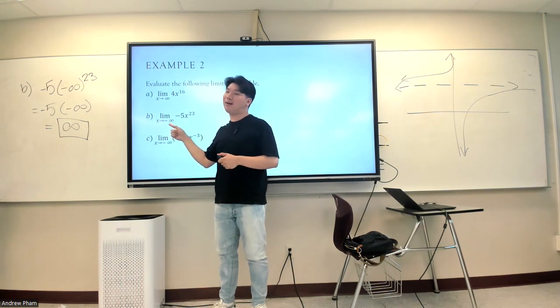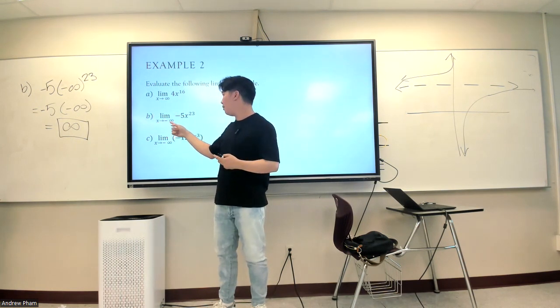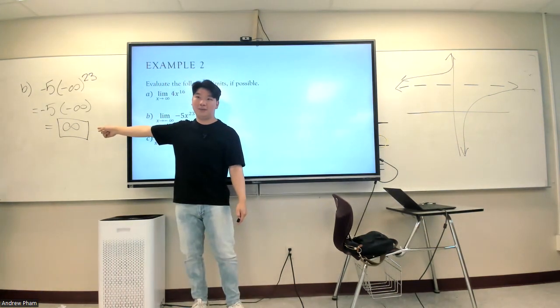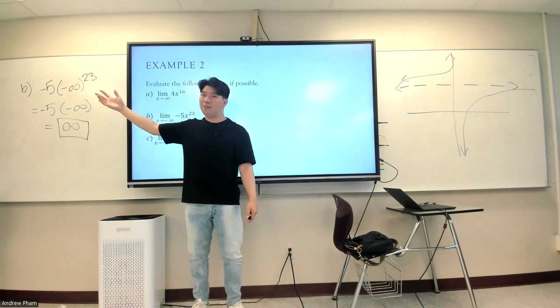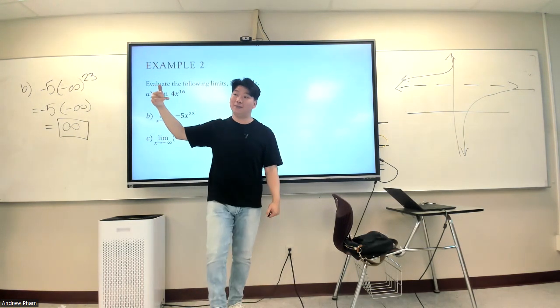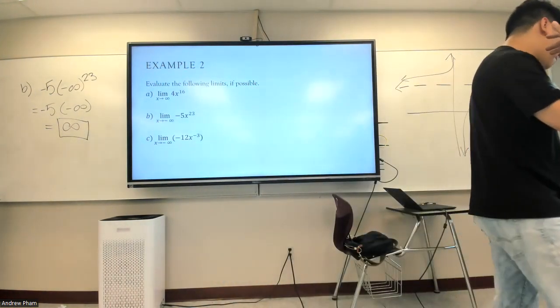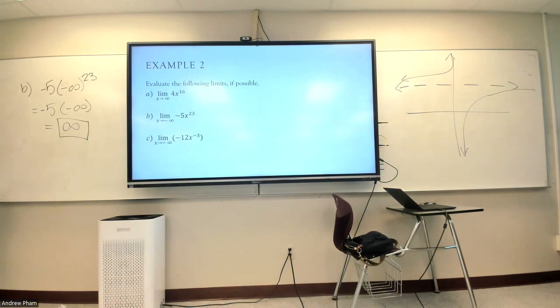A lot of people make a mistake and say, oh, well, this is negative infinity, so my answer should be negative infinity. But that's not necessarily true. We saw that this is negative infinity, while our answer was positive infinity. In other words, long story short, be careful about, is it positive or is it negative? Any questions about part B of this example?